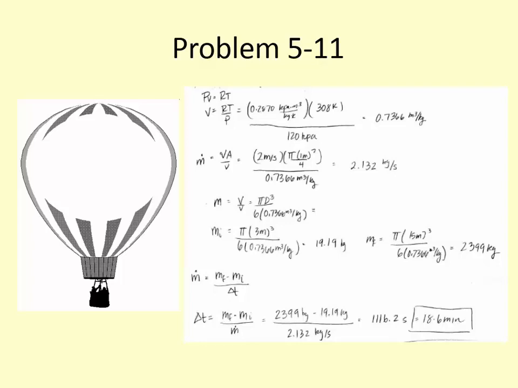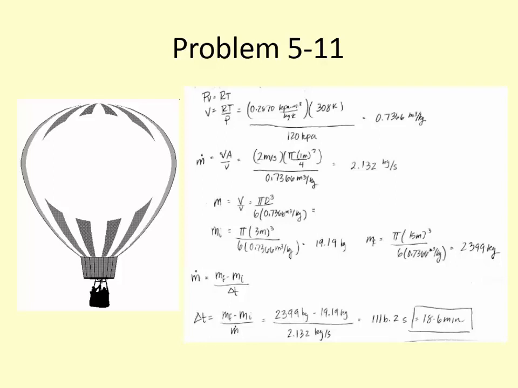So the mass initially is this pi d cubed over, well, actually the volume is pi d cubed over 6, and then we divide by this specific volume that we determined from earlier, 0.7366 meters cubed per kilogram.